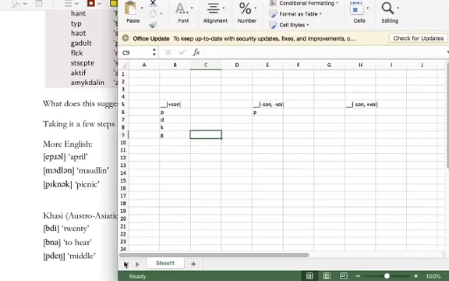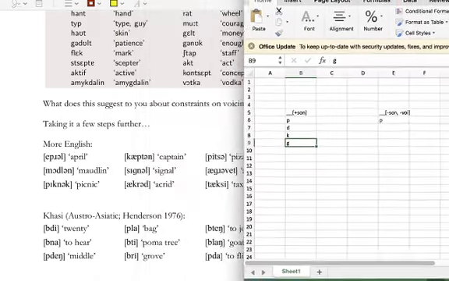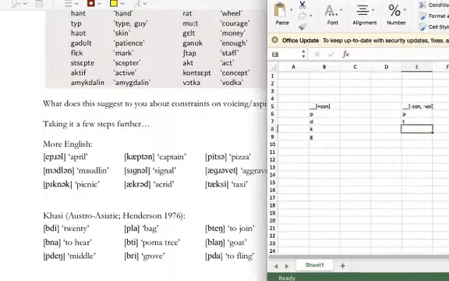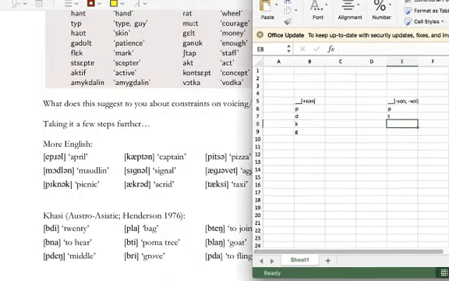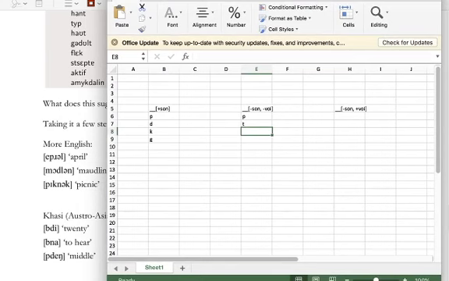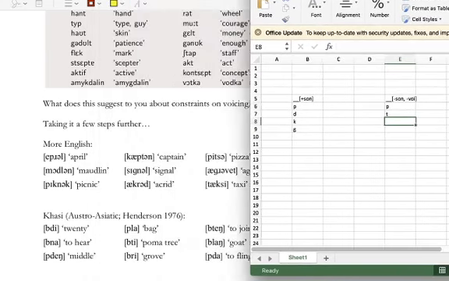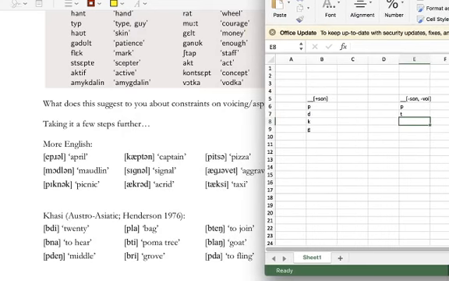Acrid. So that's before a sonorant. We have another K there. We already have that one listed. What else here? Pizza. So before a voiceless S, we have a voiceless obstruent T. Aggravate. So that's before the sonorant R. We have a voiced stop G. Taxi.